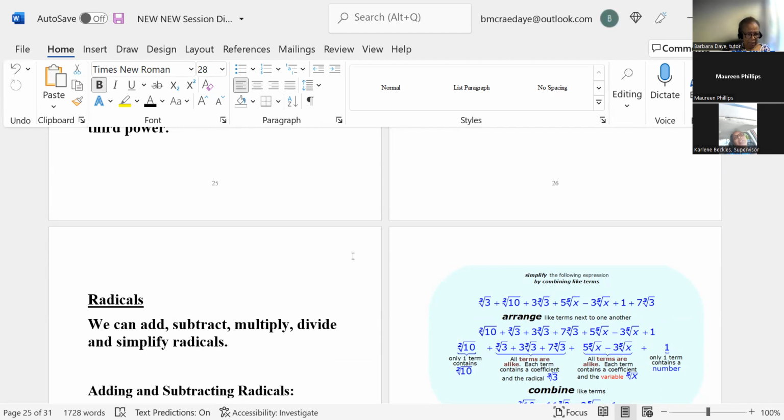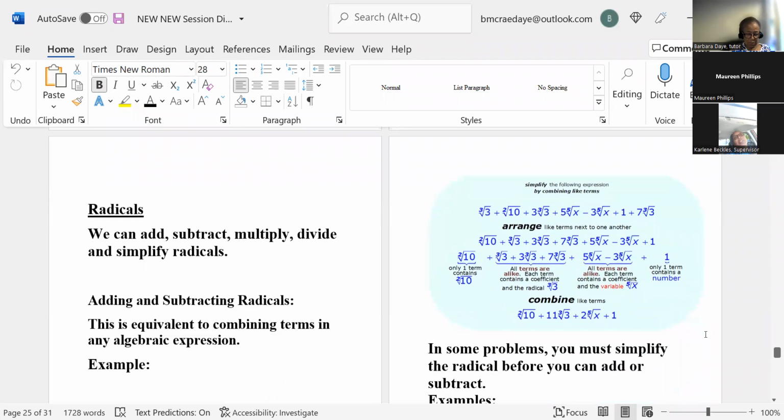So if the radicals are the same, you can add them. Like in this example, you want to simplify by combining like terms, but you should put them all in order: square root of 3, square root of 3 to the third. You can add them because you have coefficients, just like, let me give you an example.